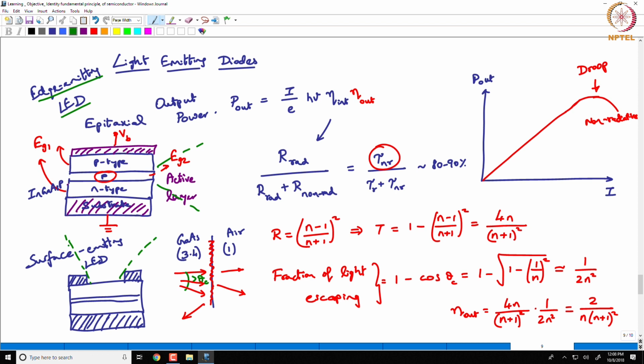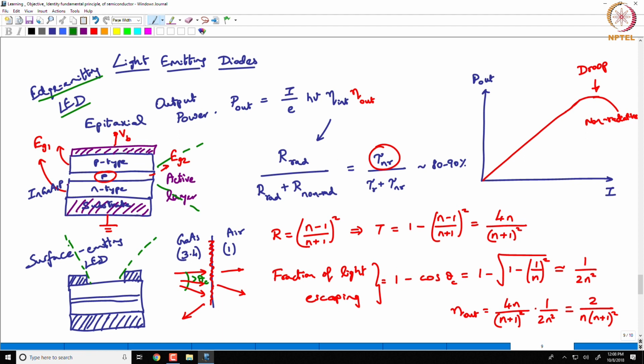So, well, what is the advantage? The advantage is that how you define your electrode at the top determines the aperture over which the emission happens. Okay. In the edge emitting case, you can say that light is actually confined within that active region.